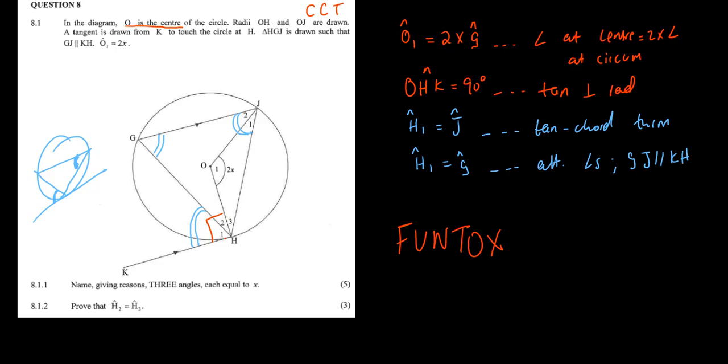And understand one thing though. Since O1 is 2 times G, when you substitute O1 as 2x, you can solve for G and you'll find that G is x. So if G is x, that means here I'm also going to have x, and here I'm also going to have x.